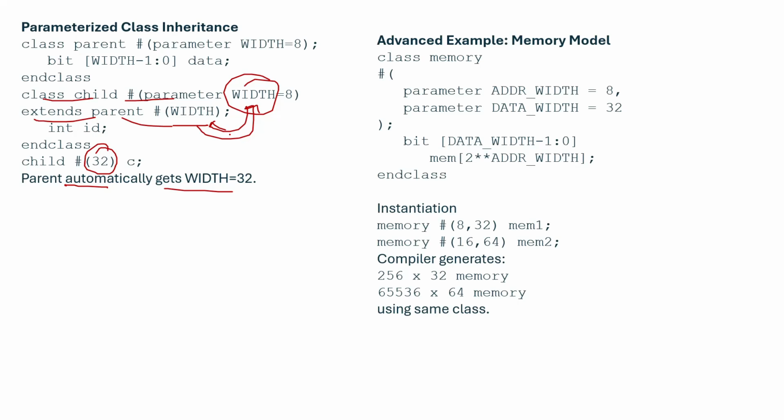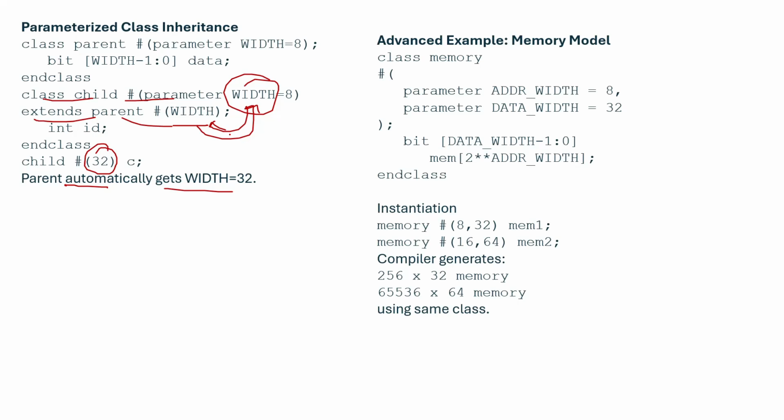So then the parent also becomes 32 bit because you are assigning the bit to your parent also. If you remove that parent bit, then the parent will be 8 and the child will be 32. There is no assigning of the child class bit to the parent class. If you want to assign that, you can use a parameterized class for the parent also.